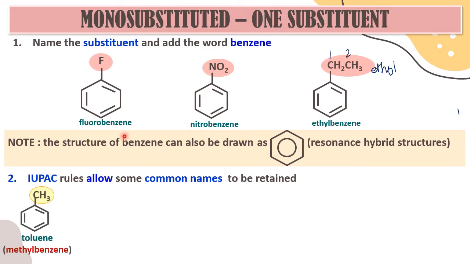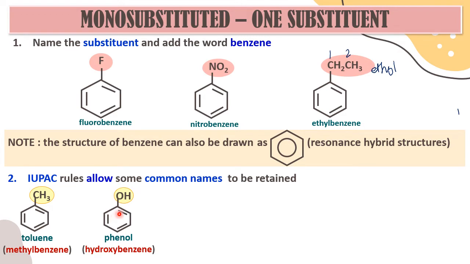For example, when we have a benzene ring and the substituent is methyl, the IUPAC name will be methylbenzene. But the common name for methylbenzene is toluene. You need to make sure that you know this name, because this is the common name that is also accepted by IUPAC.